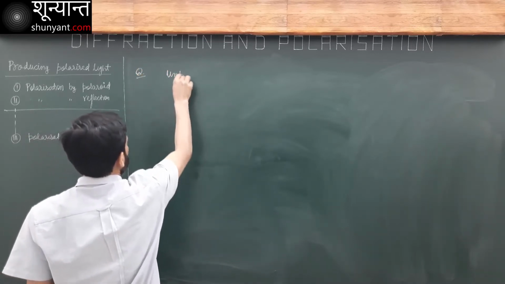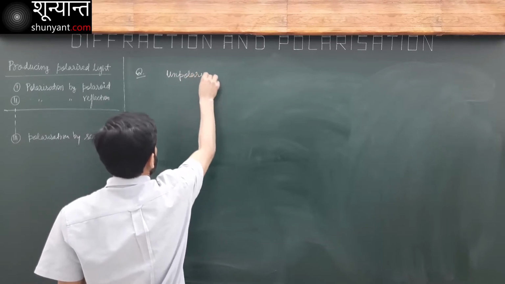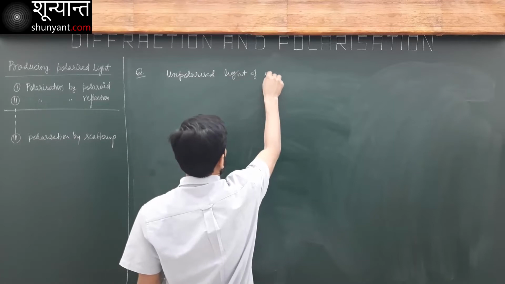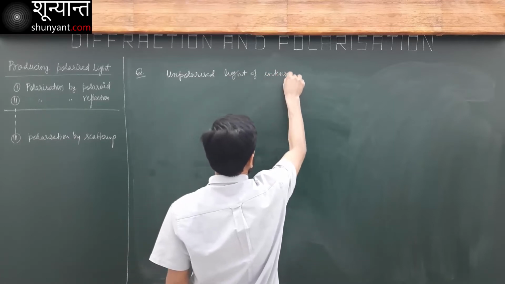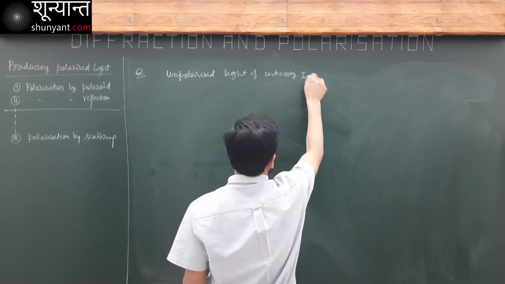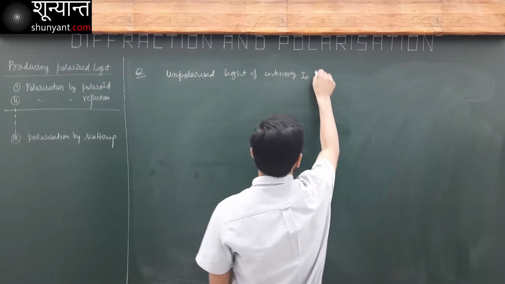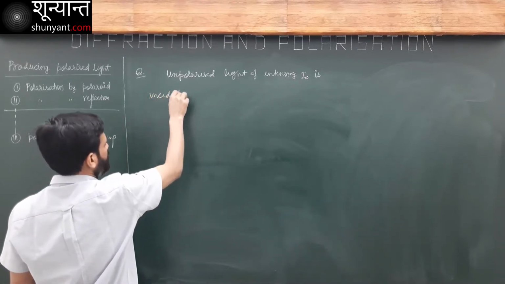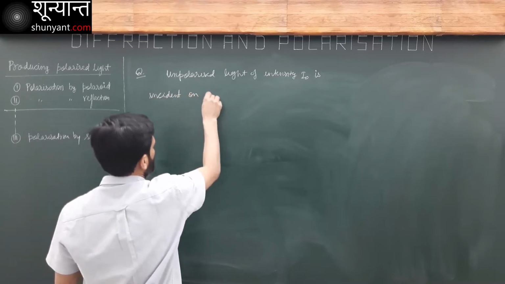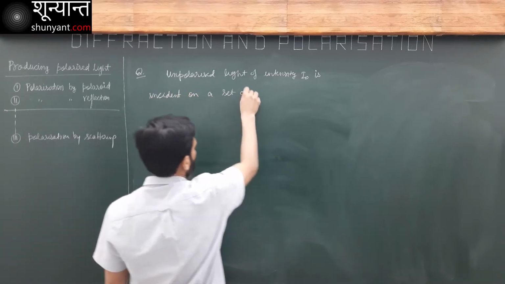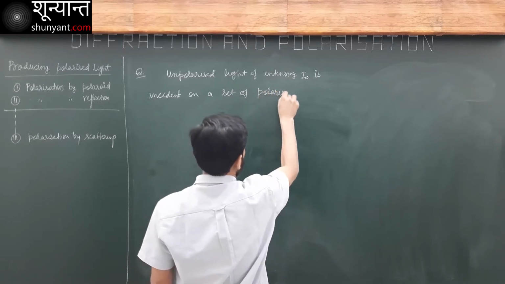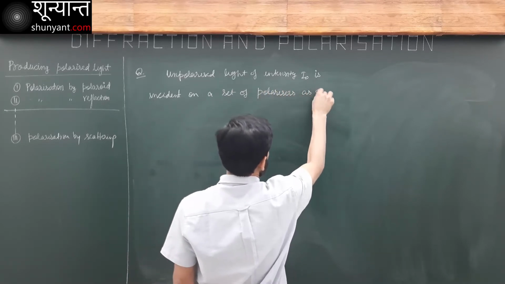Unpolarized light of intensity I naught is incident on a set of polarizers as shown.